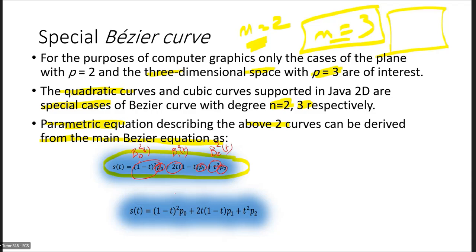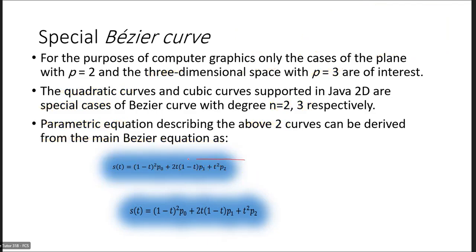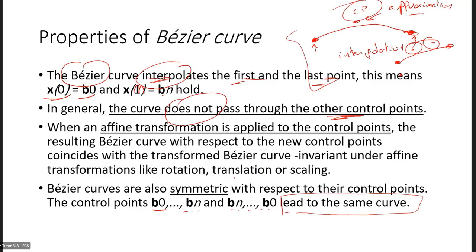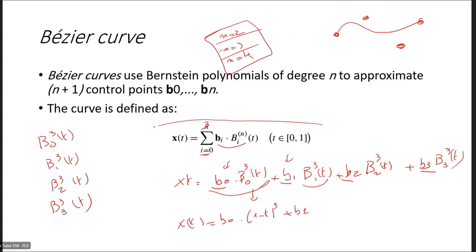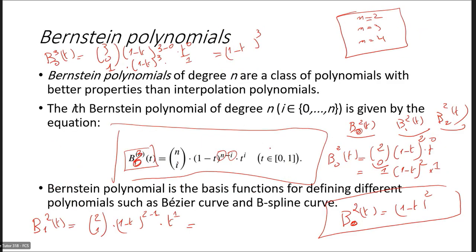And we know how to calculate these Bernstein values, so we know how to generate this one. If you know the general formula, no need to memorize this. Directly you can extract this formula from the general formula and the Bernstein polynomial.